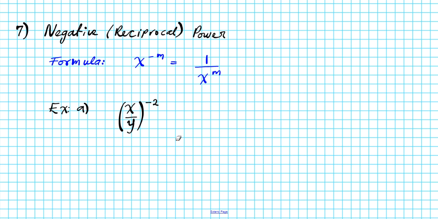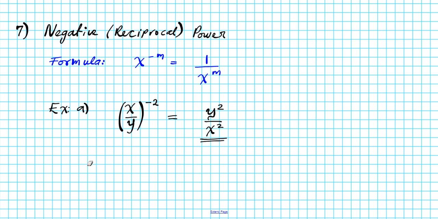Now, if we apply the reciprocal property of exponents here, what is going to happen is that this negative will cause this fraction to get reciprocated. So we have y over x. And then the 2 gets distributed to both terms, y squared over x squared. Alright, so there goes your final result.